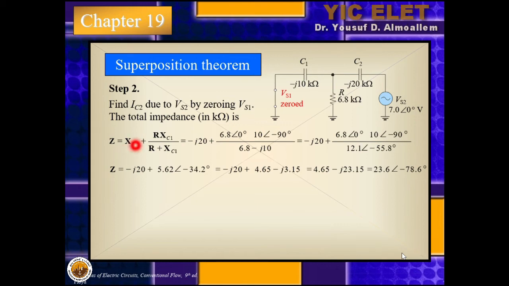In fact, I have a comment over here where you should use ZC2 instead of XC2. So please correct this in your note. And then if you plug in all these numbers, you will start manipulating these complex numbers till you get the results in rectangular form as well as in polar form.